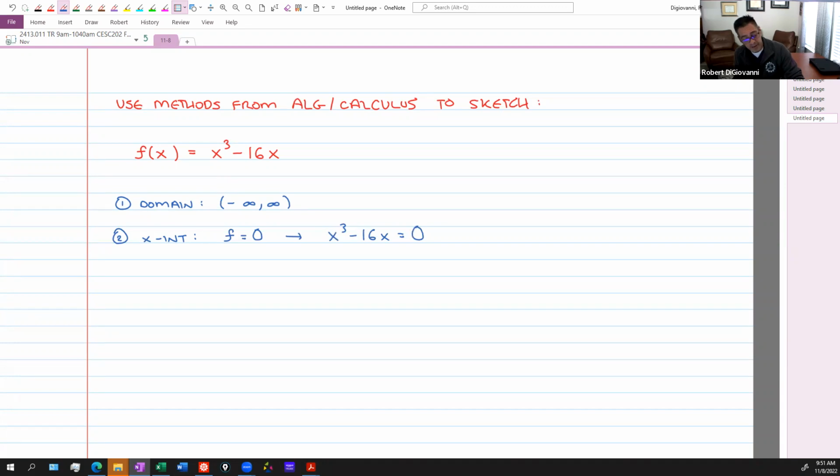I can factor an x out, which leaves me x squared minus 16. And then I can recognize that x squared minus 16 is a difference of squares. I have 3 x-intercepts, 0, -4, and +4.